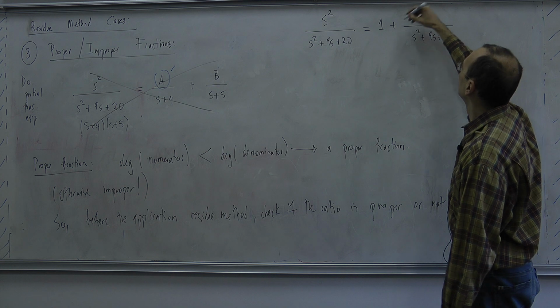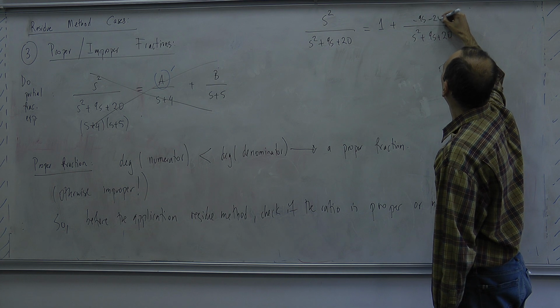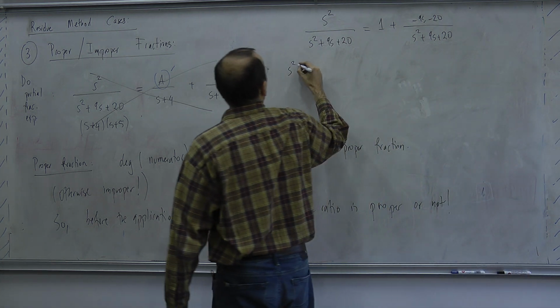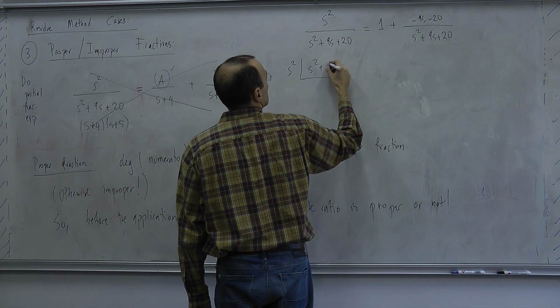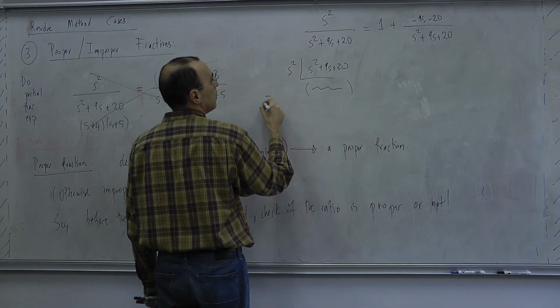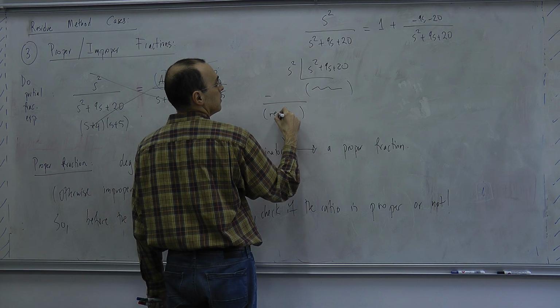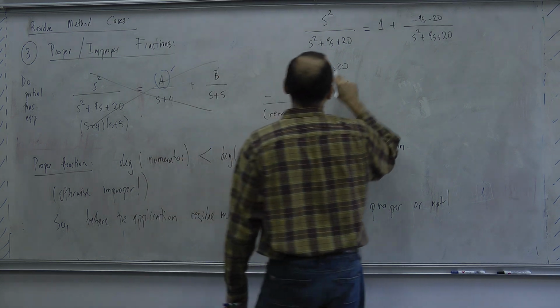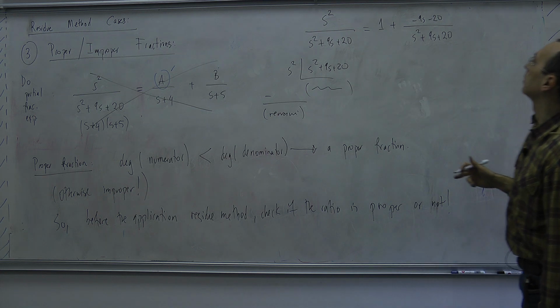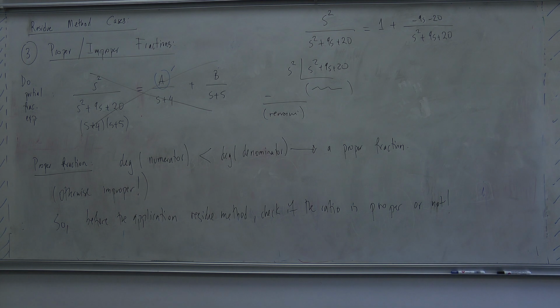So what is this? s squared minus 9s minus 20. So the main idea is the division. If you divide this thing by this, there is this quotient, whatever you have, and there is what we call the remainder. The remainder always has a smaller degree than the divisor. That is the main idea. You just divide it.